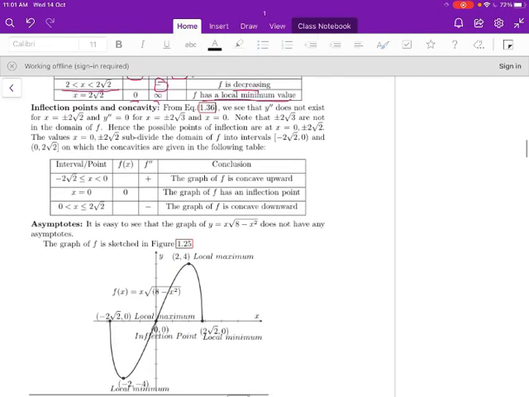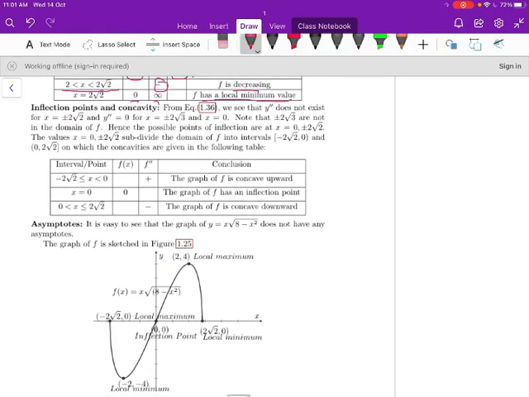Now let us move to the point of inflection. Y dash is never 0 at these points. When y double dash is 0, then x is equal to plus or minus 2 root 3, and y double dash does not exist for x equal to plus or minus 2 root 2.